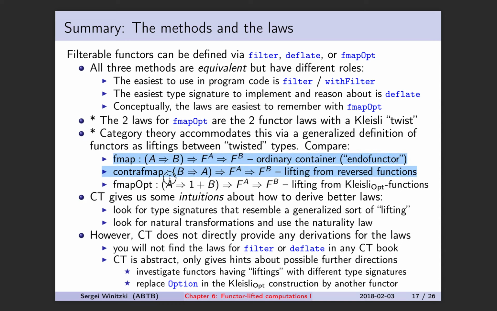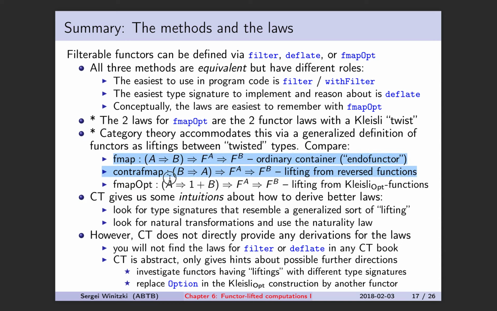Now that we understand the laws, let us find out what functors are filterable. And the way to do it is similar to how this was done for ordinary functors. Namely, we try to find constructions that build new functors from old ones and keep the property that we want.